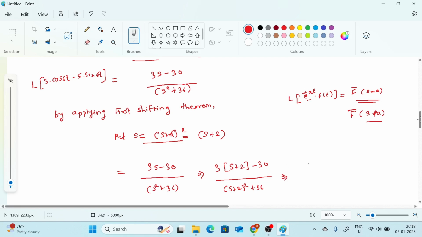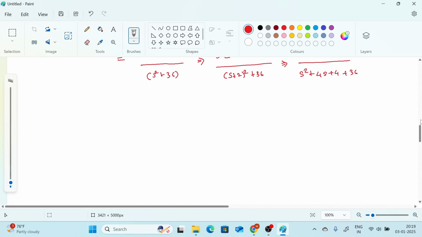To further simplify it, we multiply 3 into the bracket: 3s, 3 into 2 is 6, so 3s plus 6 minus 30 upon s square plus 4s plus 4 plus 36, right?